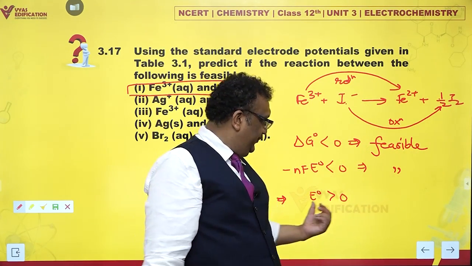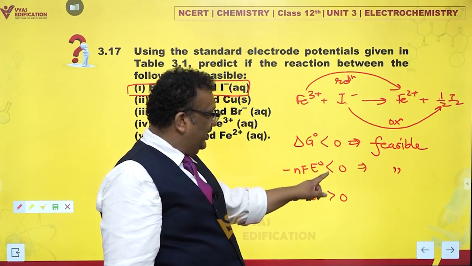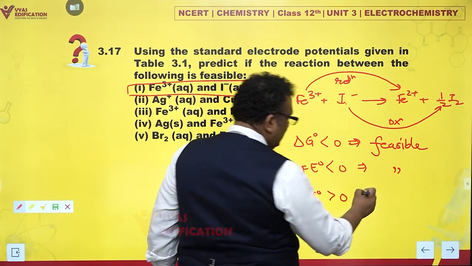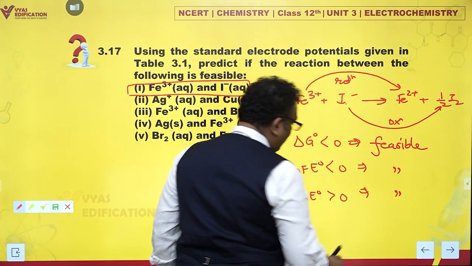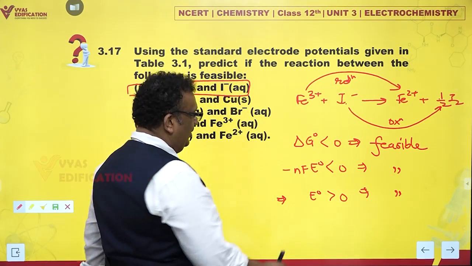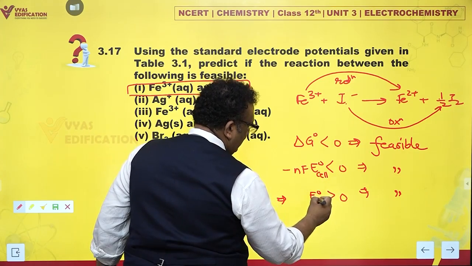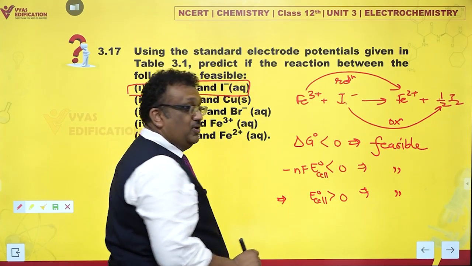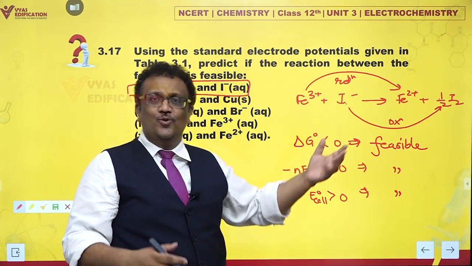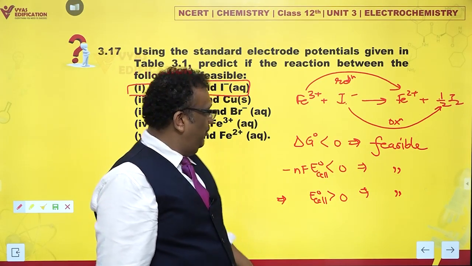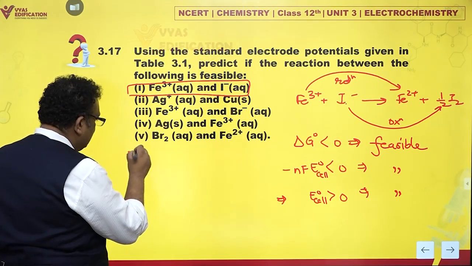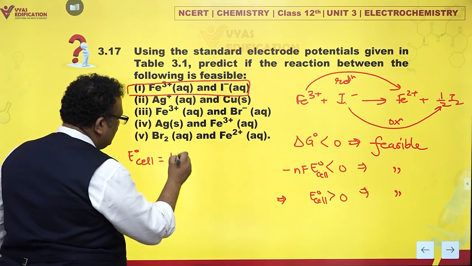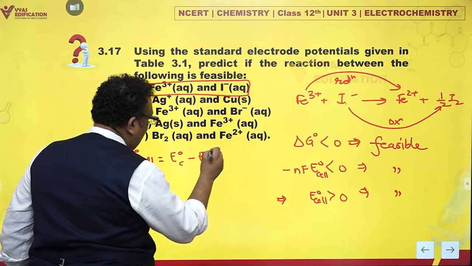If I multiply by minus 1, the inequality sign reverses. That means if the reaction has to be feasible, then E naught cell has to be positive. So all I need to do is to calculate E naught cell. But do I know the formula? Of course. E naught cell is E naught cathode minus E naught anode.